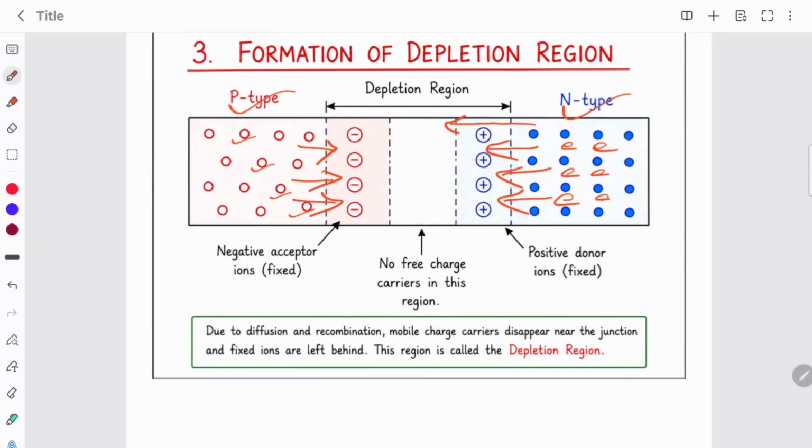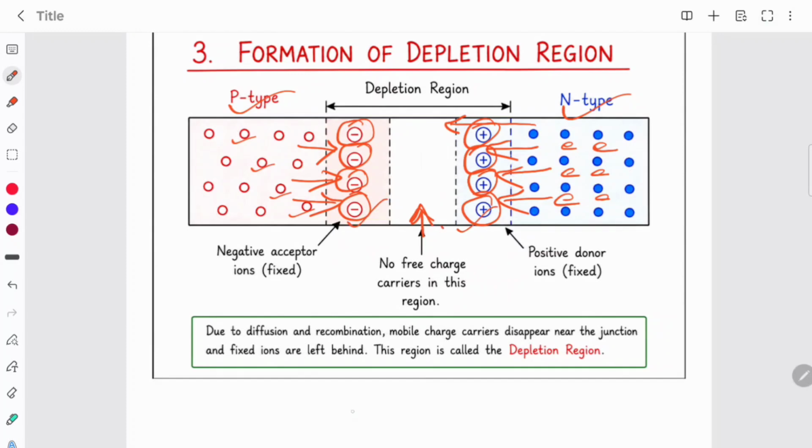Now, near the junction, what will happen? These holes and electrons meet each other and recombine near the junction. As a result of this recombination, free charge carriers disappear from the region around the junction.